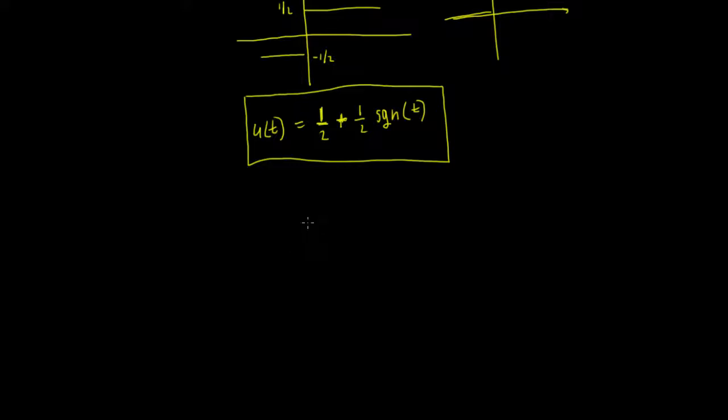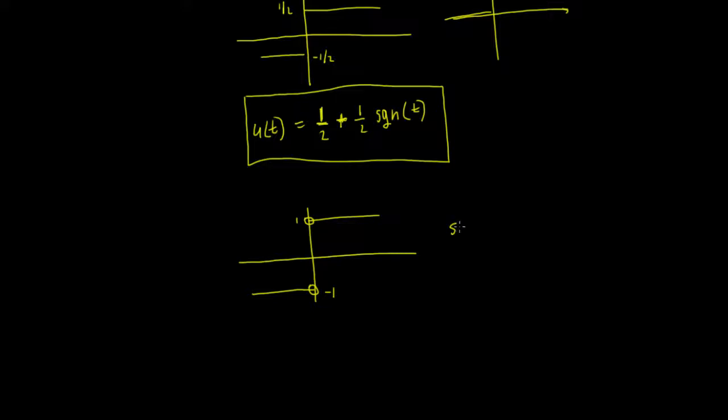Now the signum function looks like this. It's not actually defined at 0, so I'll put an open circle, but that's height 1 and that's height minus 1.